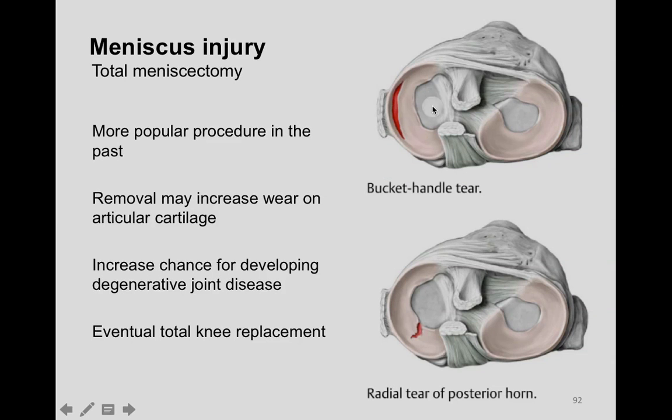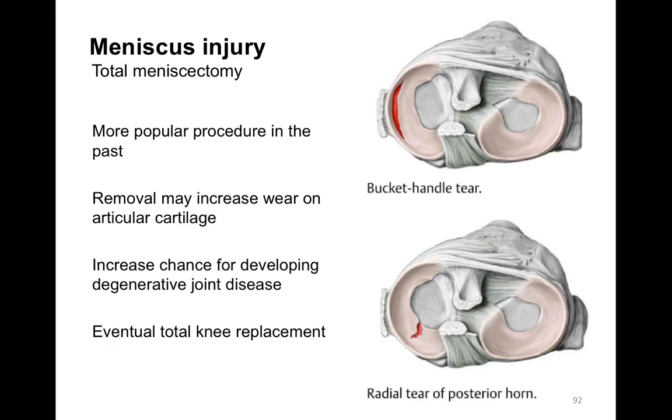See this little bit of articular cartilage on the medial tibial condyle here. This wear would increase without the presence of the medial meniscus. This would cause an increased chance for development of degenerative joint disease and a near 100% incidence of total knee replacement following a total meniscectomy.